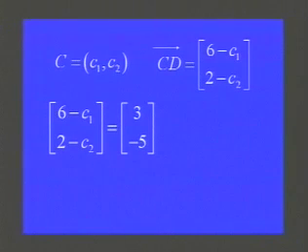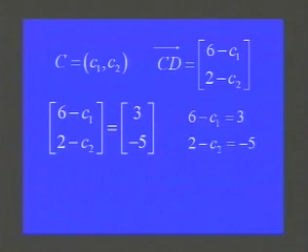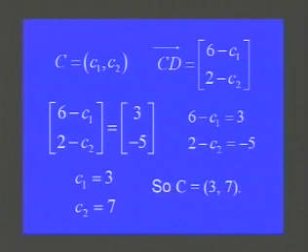So I get that 6 minus C1, 2 minus C2 is equal to 3, -5. 6 minus C1 is 3, 2 minus C2 is -5. C1 is 3 then, C2 is 7. Just a little bit of algebra. Slide your C1 over, etc. So C is the point 3, 7.